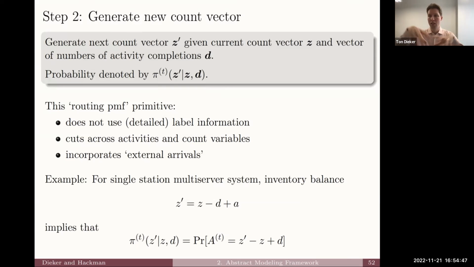You can have entities move around all over the place. And that gets stored in this primitive. Finally, the primitive should be interpreted as broadly as routing PMF in the sense that it also incorporates external arrivals. As an example, in our single station system, the inventory balance immediately gives us the routing PMF primitive shown here.